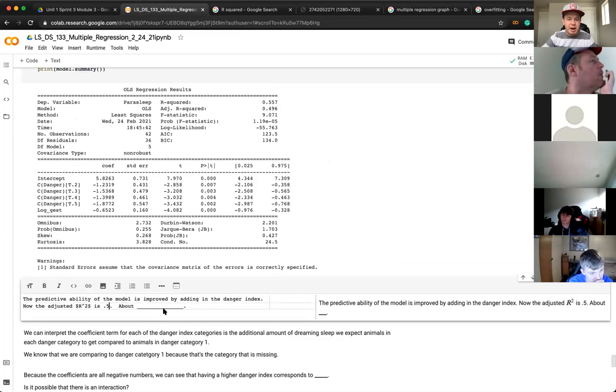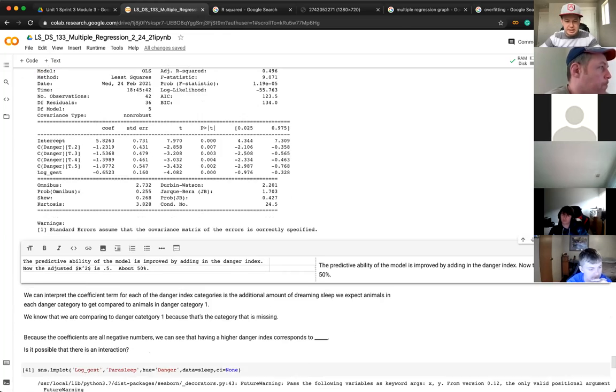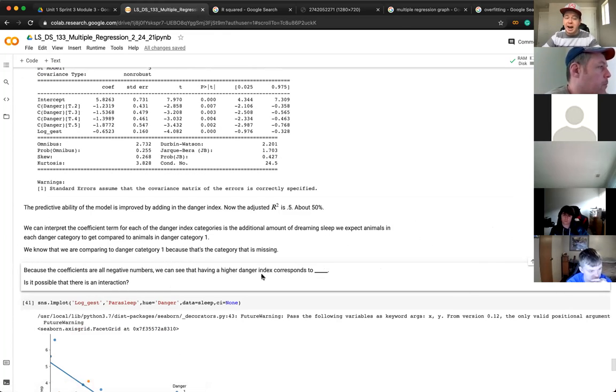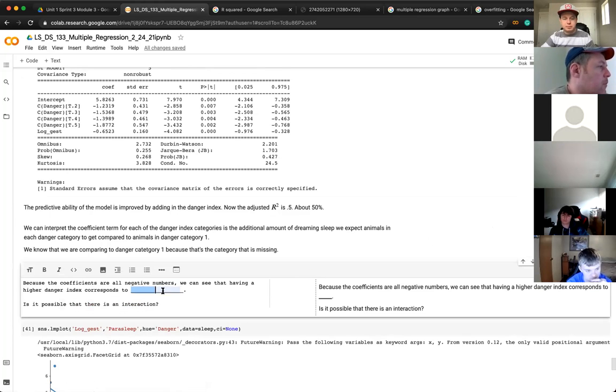We'll round this up to 0.5, right? About 50%. So with the danger index and gestational time, we could predict about 50% of the information or the signal in dreaming sleep. Okay. So that's good. This is an improvement. Because the coefficients are all negative numbers, we can see that a higher danger index corresponds to less dreaming sleep.